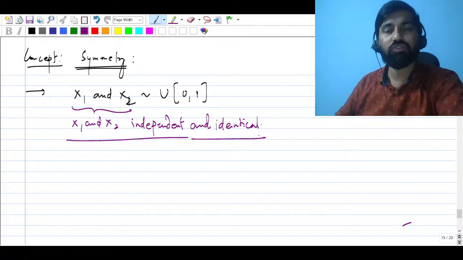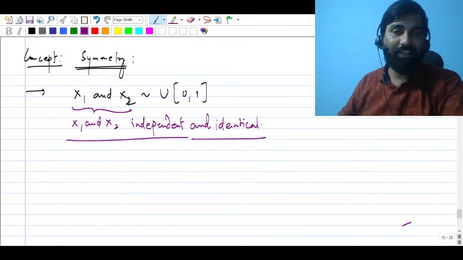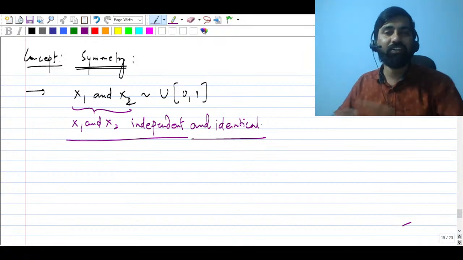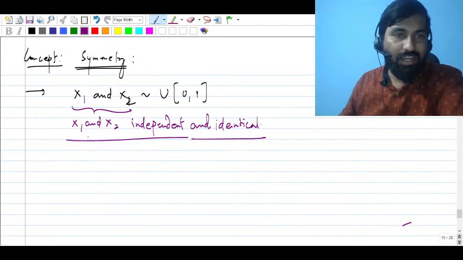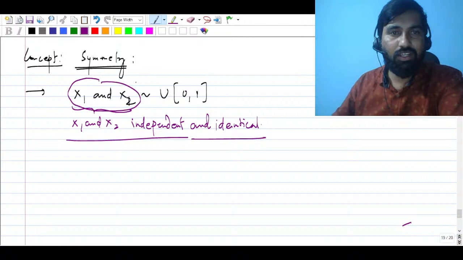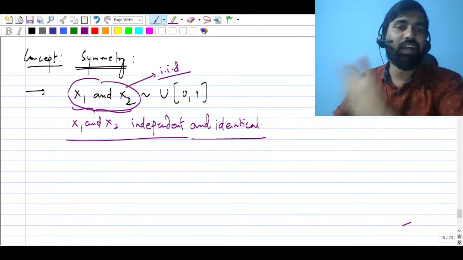If these two conditions are met, you can employ the symmetry condition here. So you can say x1 and x2 are IID, independent identically distributed.